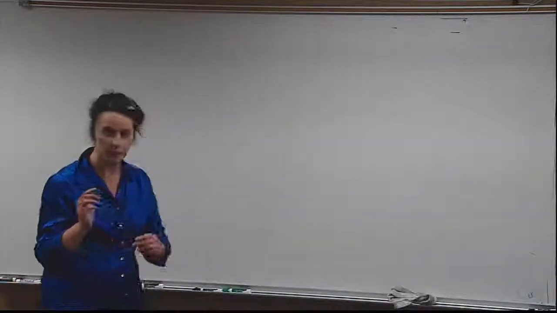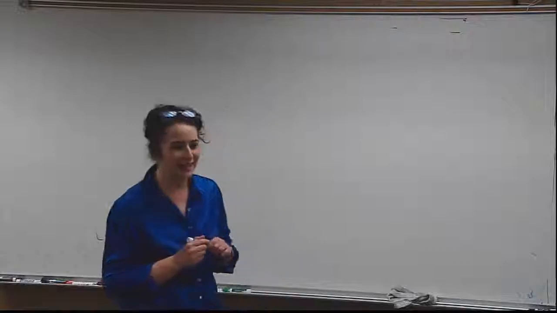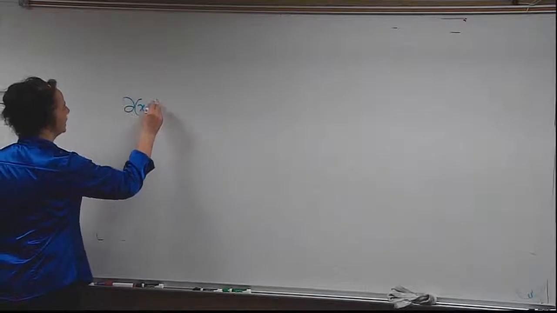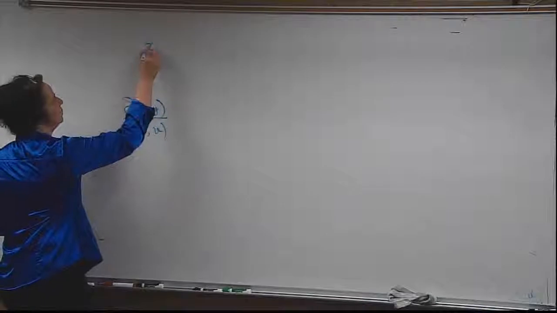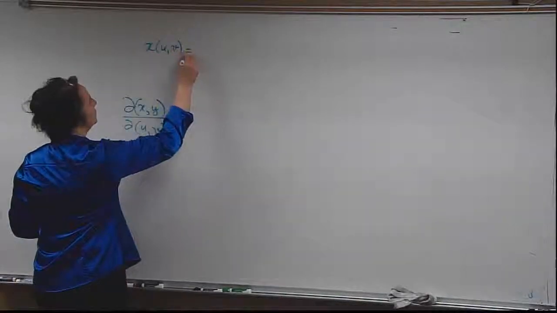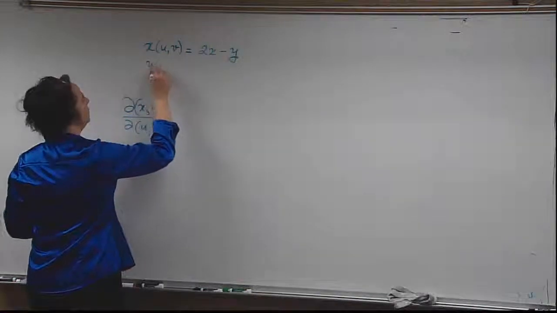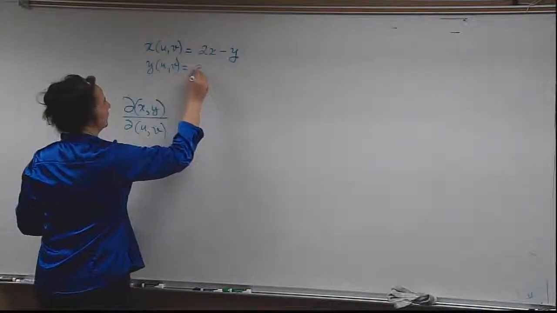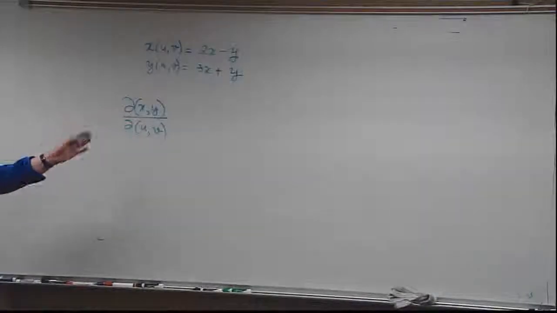I have to apologize, I played the game without telling you the truth. Nitish knows, he came to me last time and said, you never showed us this notation. So what if one gives you x of u, v equals 2x minus y, y of u, v equals 3x plus y? What the heck is that?